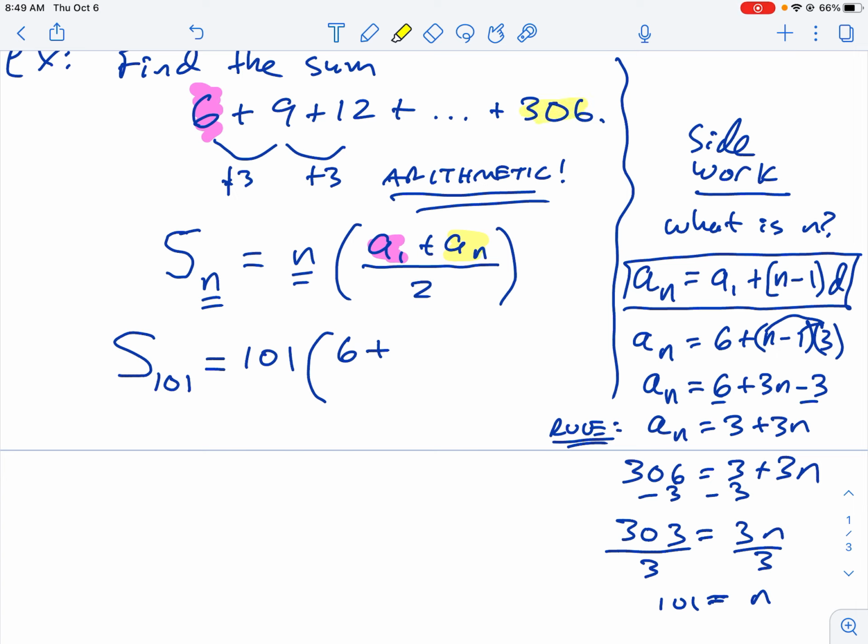This represents the last term, right? Divided by 2, and there's your shortcut. Okay, so this is where the calculators come in if you have them handy. Oh, and we will need them for sure today because I got to show you something pretty cool on there. But go ahead and type that in, figure it out. Hopefully you've already done it.